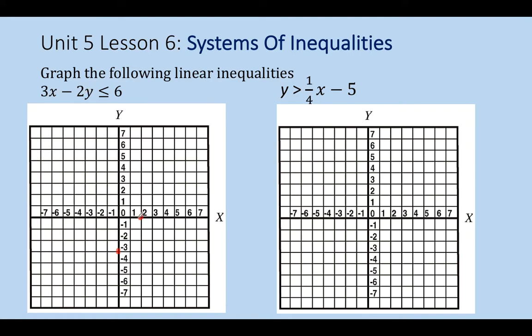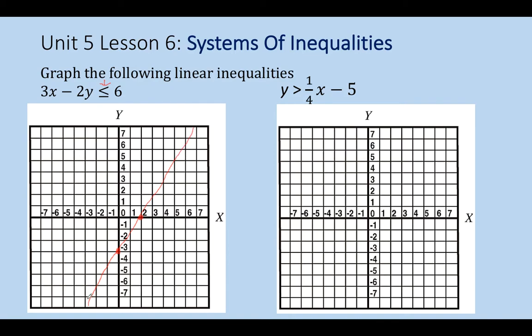So we start out just graphing these like regular equations, but then we notice that we have the inequality sign. And so if you see a solid line underneath here, you're going to graph a solid line. If you do not see a solid line, then you'd graph a dotted line instead. So anyhow, here's our line.